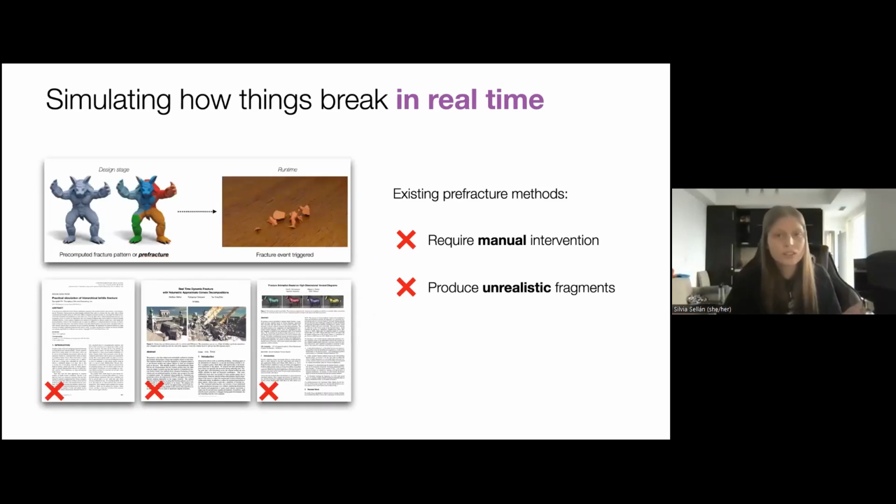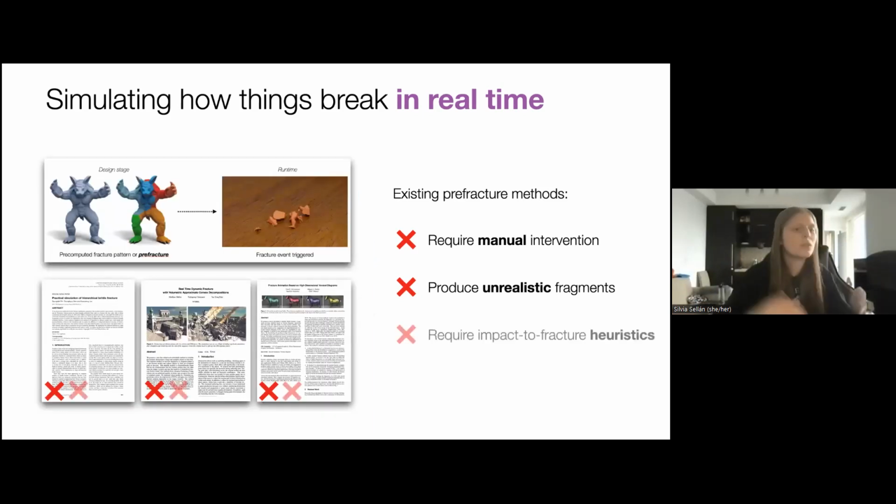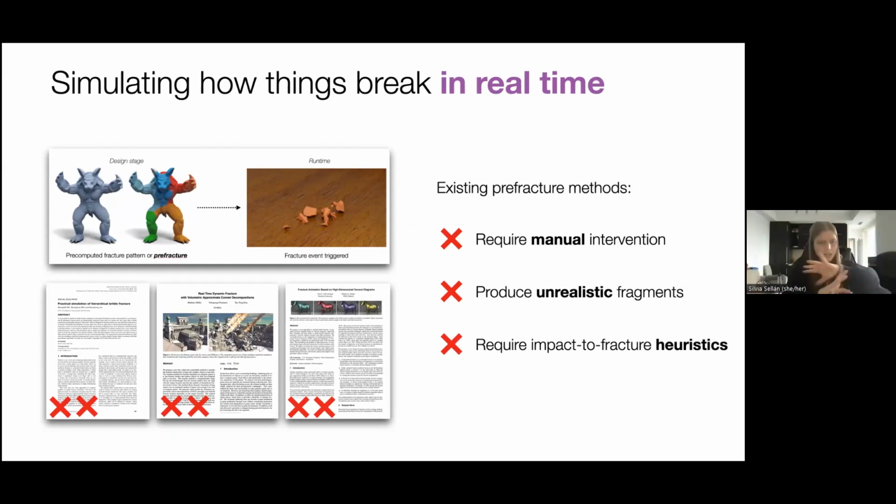And finally, all existing prefracture methods require some heuristic to decide which pieces of the object break off when an impact is detected. So even if you've already pre-broken it into 100 pieces, when something hits it, you still have to decide which of those 100 pieces are actually separating and which ones aren't. And that's usually done with some heuristic that has no physical meaning.